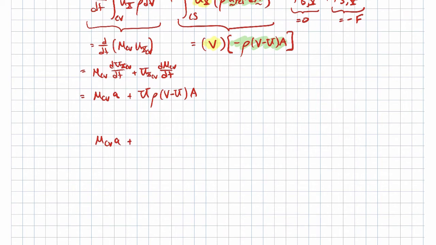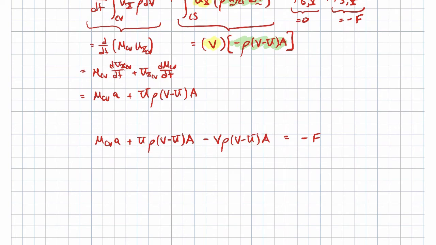So we have our first set of terms. Here we have our x linear momentum flux term right here, this one. Notice there's a minus sign in front of it. Let me rewrite that. And then on the right-hand side, we have the minus F. Well, if you look, these two terms you can combine together.